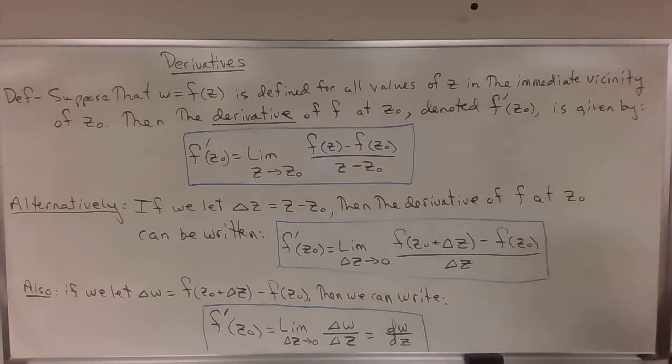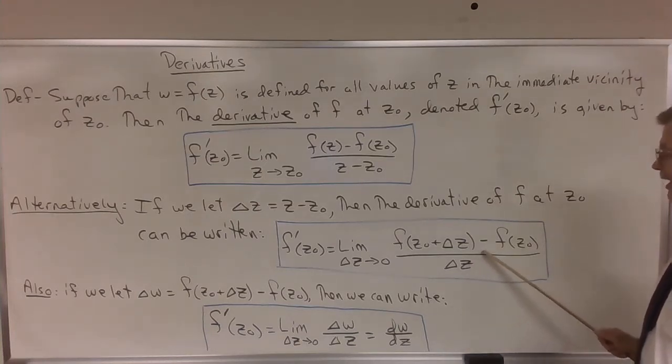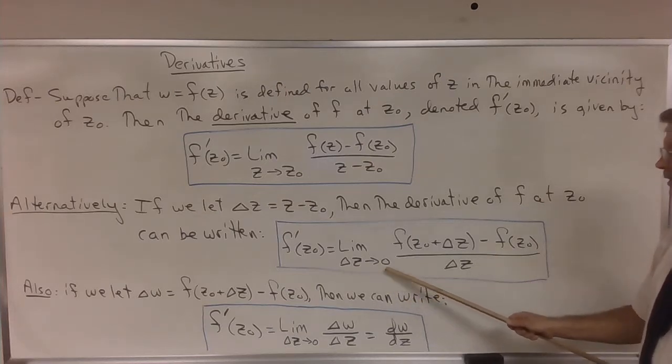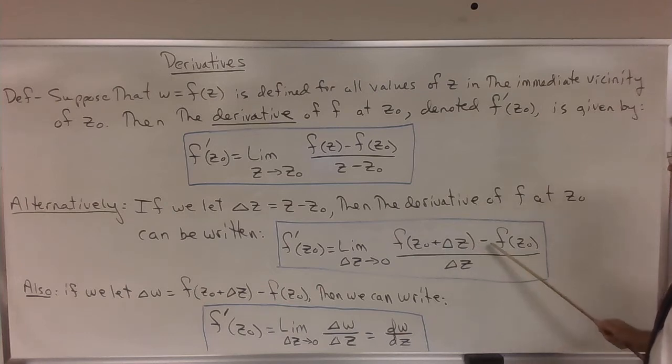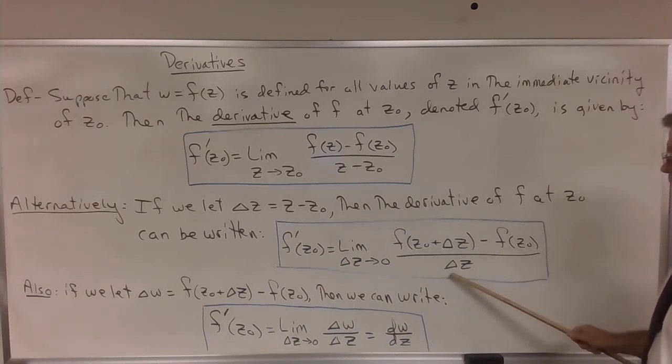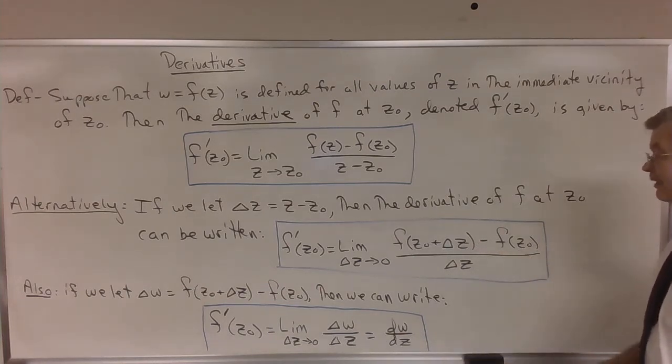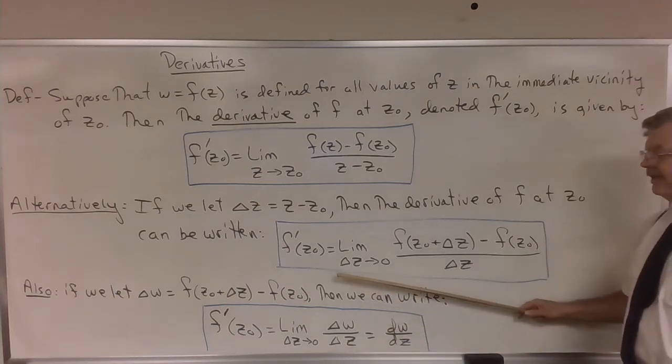The real valued function analog of this would be, as delta x goes to 0, f of x plus delta x minus f of x all over delta x. So when we were doing calculus, this is probably what we saw most often.